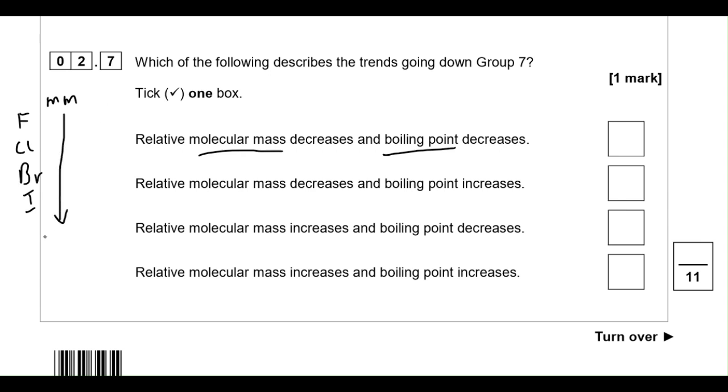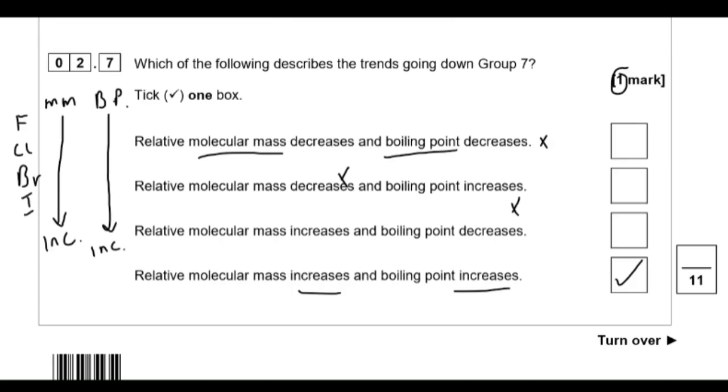Boiling point is connected to molecular mass because of those intermolecular forces. So the boiling point going down the group also increases. So we're looking in our answer grid. Both factors are increasing, and that's the fourth choice. So for 1 mark, we tick the fourth box. Relative molecular mass increases and boiling point increases.